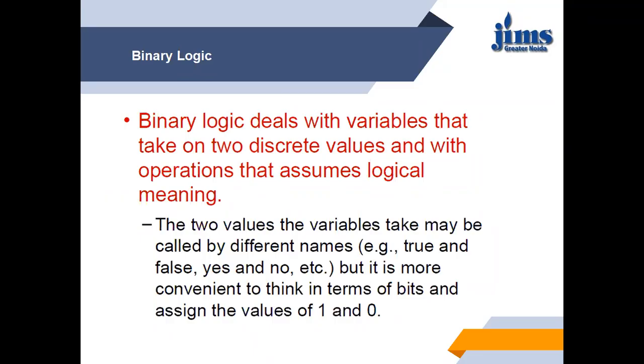These are the two values a variable can hold, either a 0 or a 1, as we have discussed in binary numbers. Binary numbers have only two values with base 2, and the values are either 0 or 1. So again, in binary logic, the output will be either 1 for true or 0 for false.